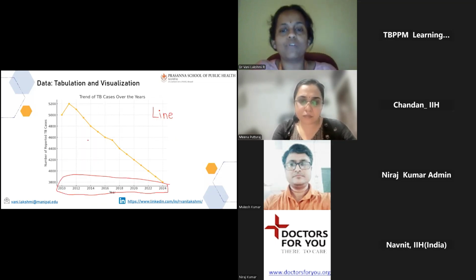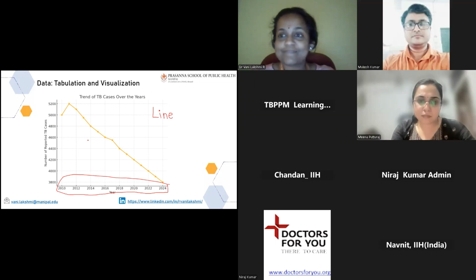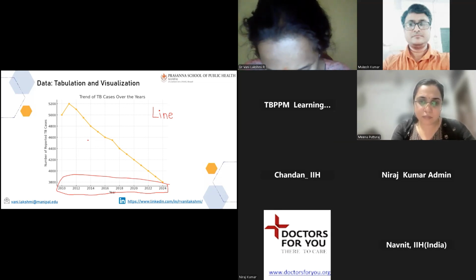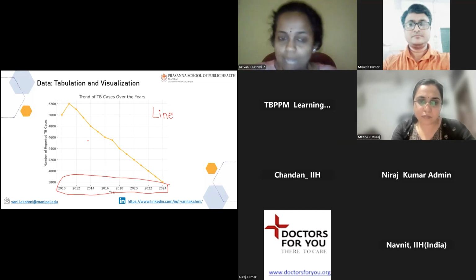So what do we see in this line chart? Any understanding? And spot two mistakes. Ma'am, here you have shared year-wise TB notification. Year-wise TB notification has been shown. Yes, in this case it is TB cases.